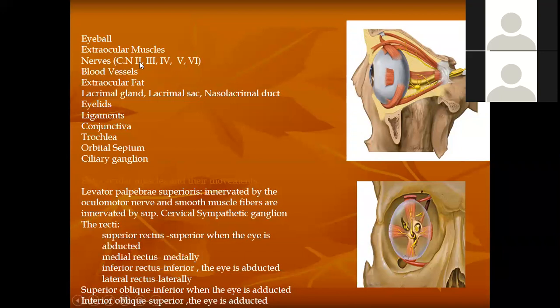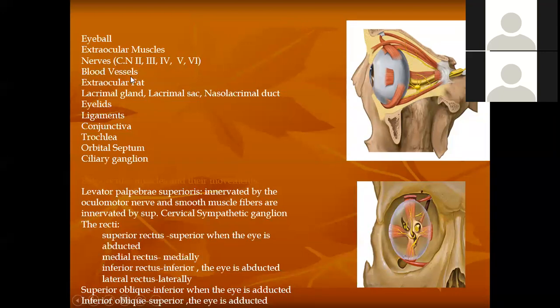This is the first cranial nerve, the optic nerve. Sorry, optic nerve. It's not the olfactory nerve. It's the optic nerve. Then there is the oculomotor nerve. Then there is the trochlear nerve, trigeminal nerve, abducens nerve. All these are passing. The optic nerve is the first one, the largest one.